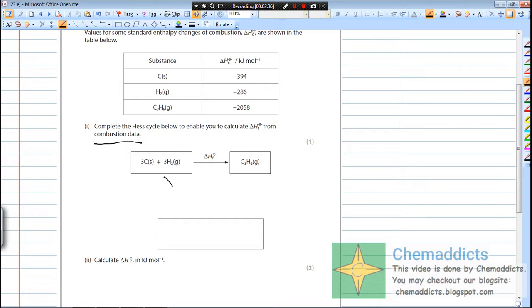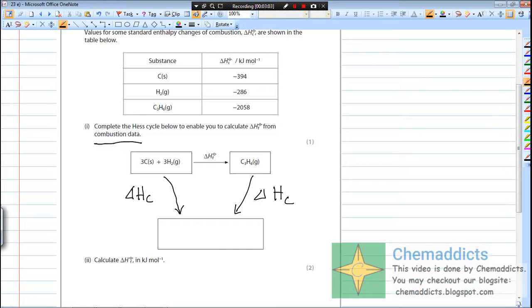So this should be del HC, this should be del HC. We will do the combustion of the reactants as well as the products.